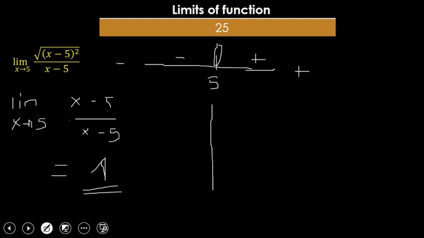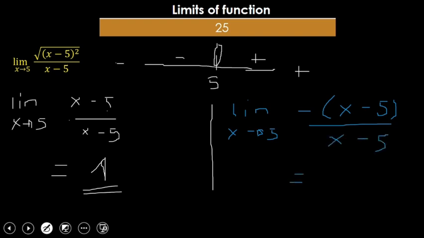On the other side, taking the negative part of it, that will be the limit as x tends to 5 of minus into x minus 5 all over x minus 5. The answer will be equal to negative 1. Hence, if they give you a question like this one, you have to solve the positive and the negative, since this is equal to the magnitude of x minus 5 all over x minus 5.